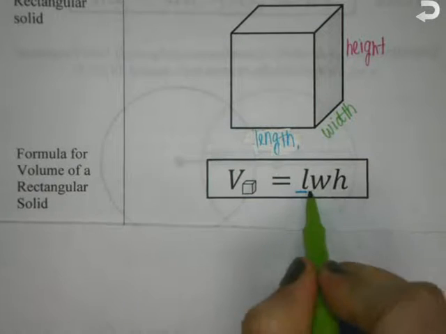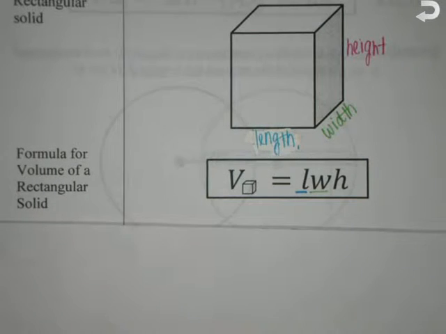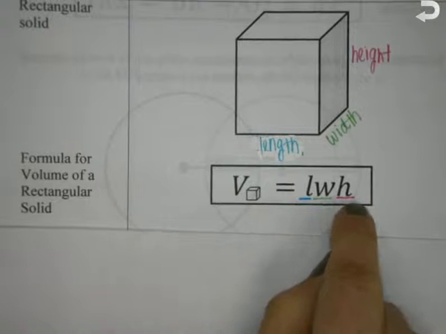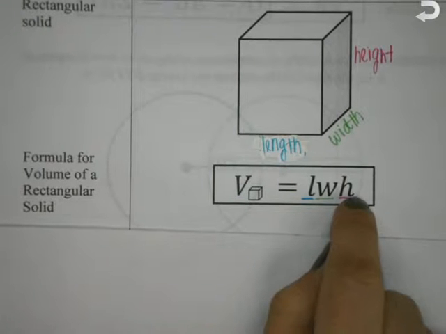Now, with area, we were multiplying two things together, base and height, right? So our exponent for area was always 2. How many things are we multiplying together for volume? 3. So what's our exponent going to be for our units with volume? 3. It's going to be cubed.